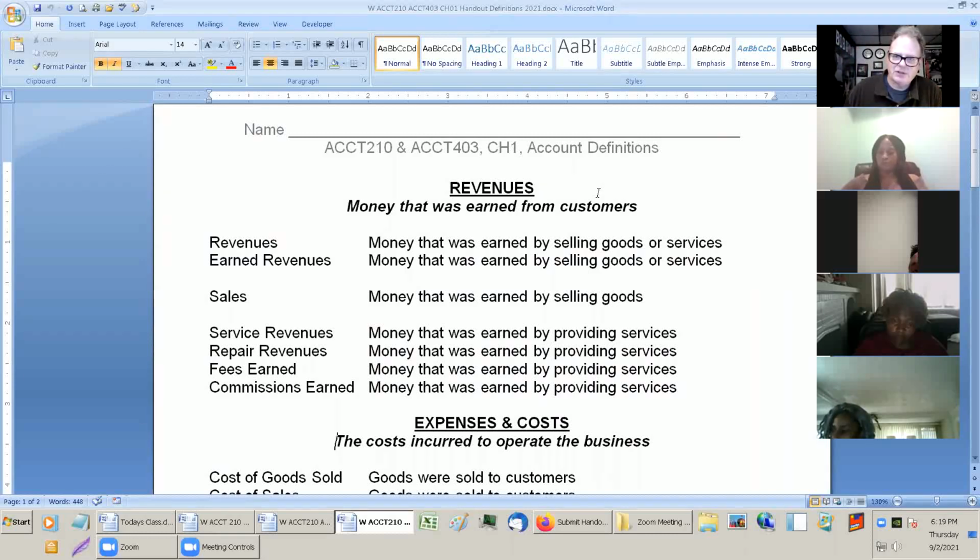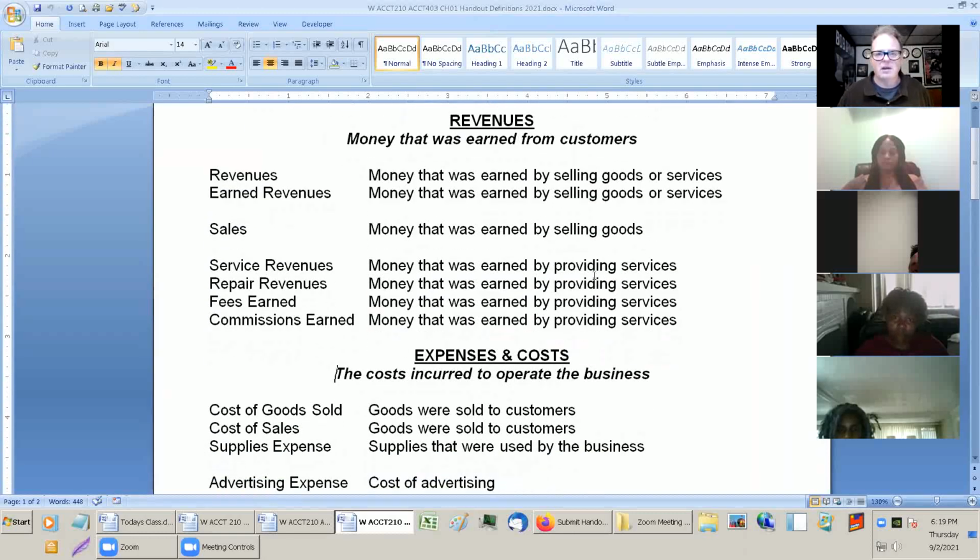It's also difficult to know what these accounts are without doing the financial statements, but I'm going to try doing the definitions first. I always did them second, and I've never felt the warm fuzzies doing it that way. So I'm going to try doing the definitions first and see if that helps. I've taught a class like this well over 100 times, but you're always trying to tweak stuff.